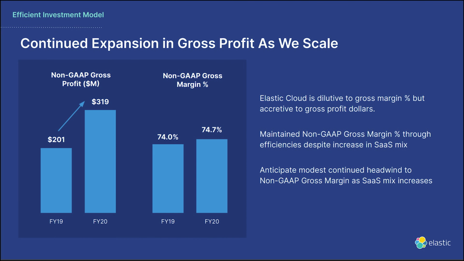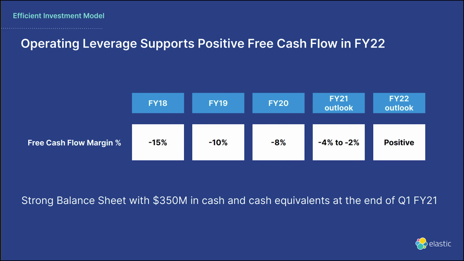They're continuing to see expansion in gross profit as they continue to scale further. So their gross profit margins are going up ever so slightly, and the gross profit is going up by over $100 million. Now they're forecasting in fiscal year 2021 to have negative 4% to 2% cash flow, but in 2022, they're actually forecasting it to be positive.